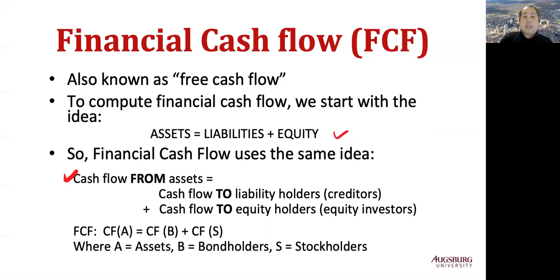So this cash flow coming from using asset equals the cash flow to creditors, liability holders, or bond holders. So we can say that this is cash flow to creditors or liability holders or bond holders, debt holders.